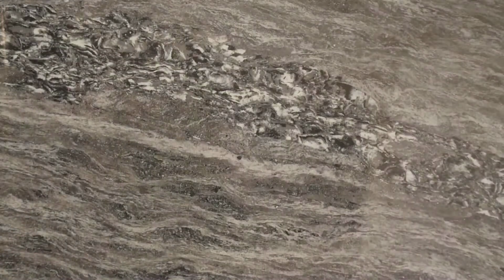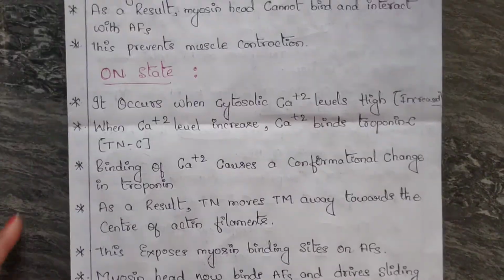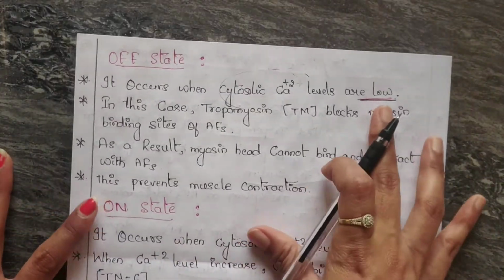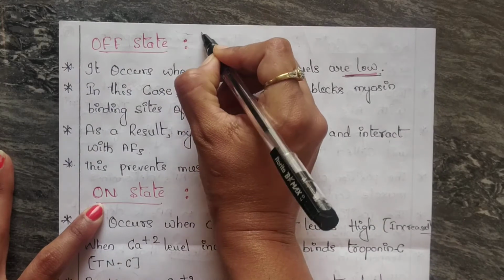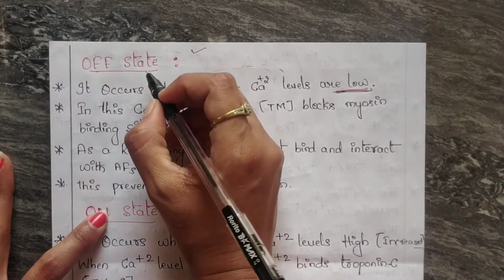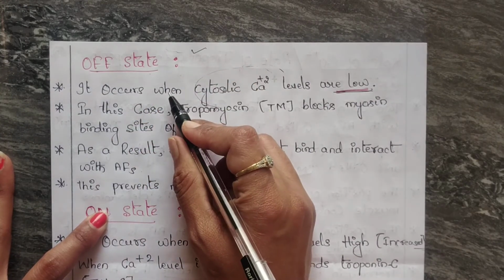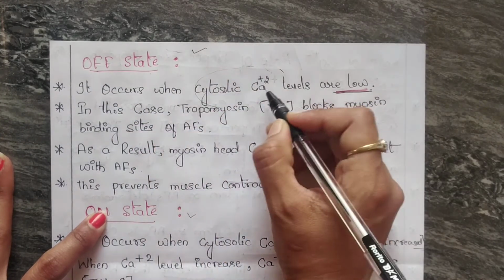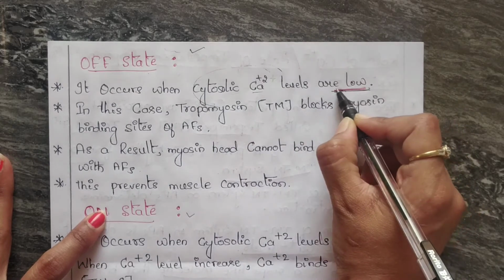So the TM, that is tropomyosin, occupies two conformational states on the actin filaments, that is off state and on state. Let us see what happens when it is in off state. The off state occurs when cytosolic calcium levels are low.